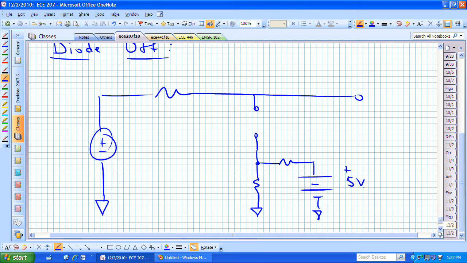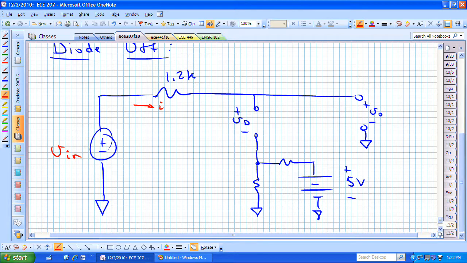But for now, we're just assuming that it's off. Here is our VD. This was 1.2K, and here is our VO. And this might be our current I, and this is our input voltage VIN.